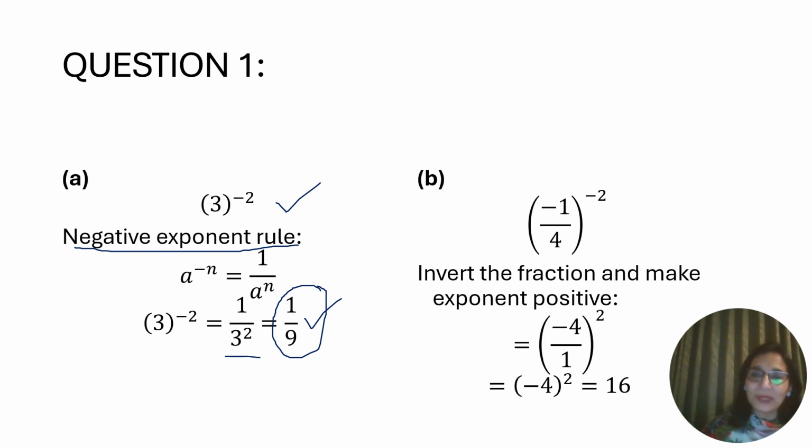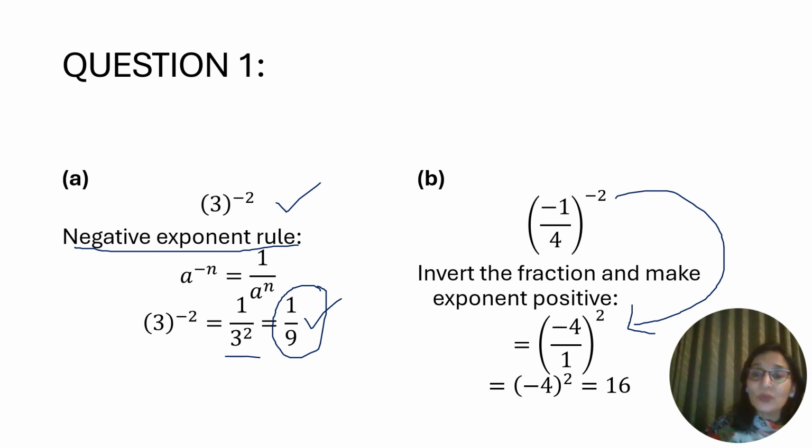Question number B. Now again, minus 1 upon 4 to the power minus 2. What do you have to do again? I hope this is clear till now. Invert the fraction, that means you have to reciprocate. Again, the negative becomes positive when you reciprocate. So minus 4 upon 1 to the power 2.